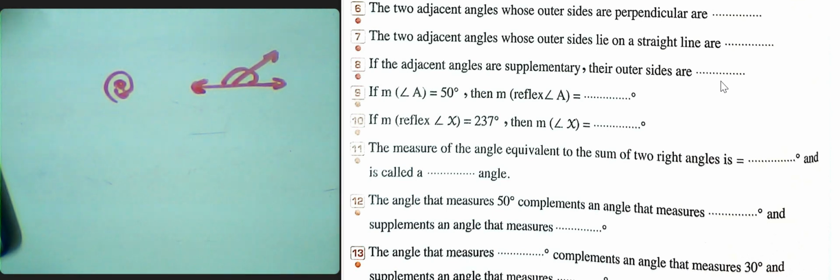Now, number 8. Two adjacent angles with perpendicular outer sides are complementary, and with outer sides on a straight line we call supplementary. Question 8: if the adjacent angles are supplementary, then their outer sides are on the same straight line.